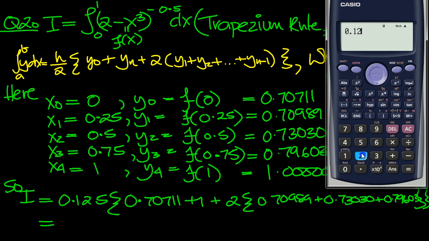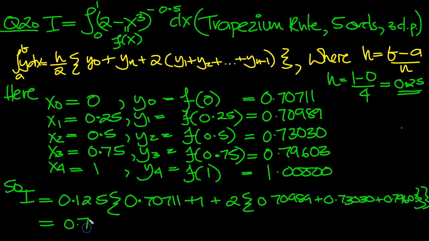So it's 0.125 times bracket 0.70711 plus 1 plus 2 times bracket 0.70989 plus 0.73030 plus 0.79603, close the bracket, equals 0.772 to 3dp, isn't it? 0.772, and that's the 3dp when we've done the final calculation.